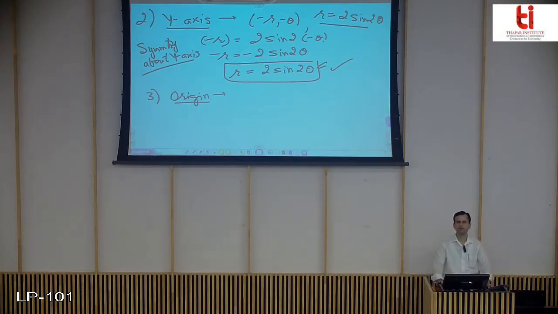If the curve is symmetrical about the y-axis and origin, then it will definitely be symmetrical about the x-axis also. In this case, you have symmetry about the x-axis and y-axis, so it will definitely be symmetrical about the origin.